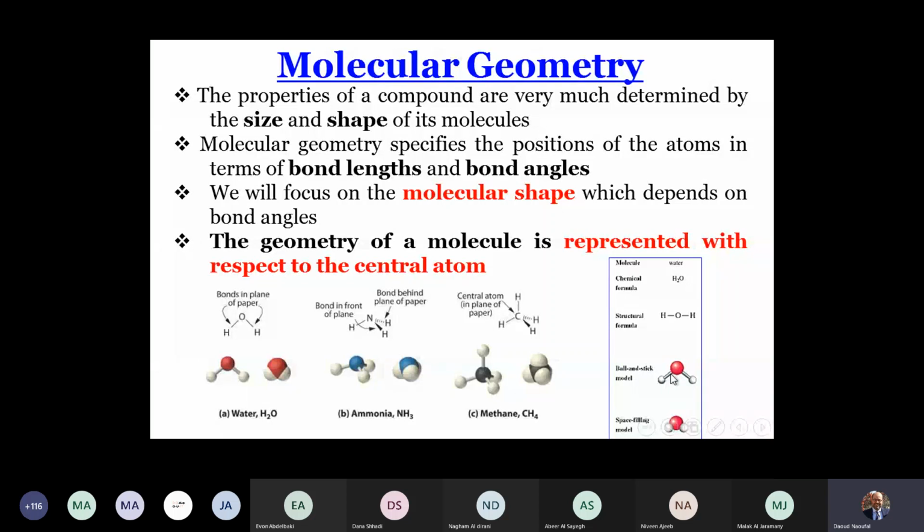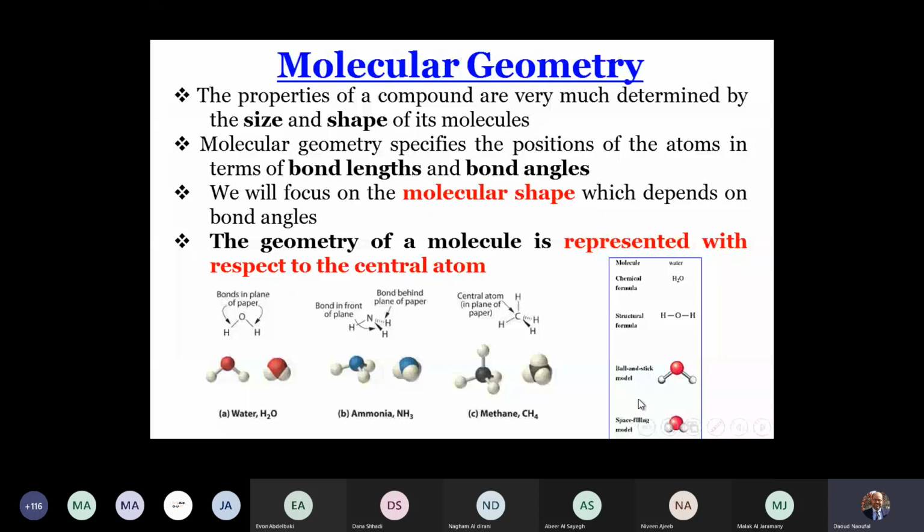So between oxygen and hydrogen, we don't have space. We have a probability of finding the bonding electrons. So we have oxygen that is directly bound to hydrogen and directly bound to the second hydrogen. So this is the space filling. We fill the space between the atoms, and this is the representation.